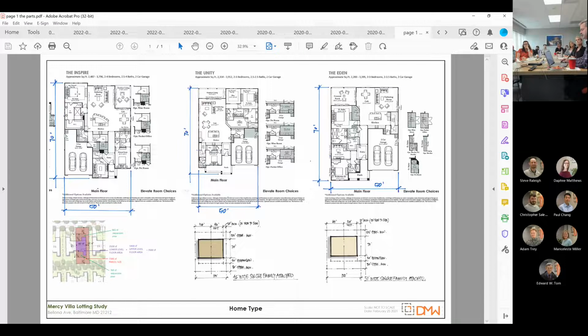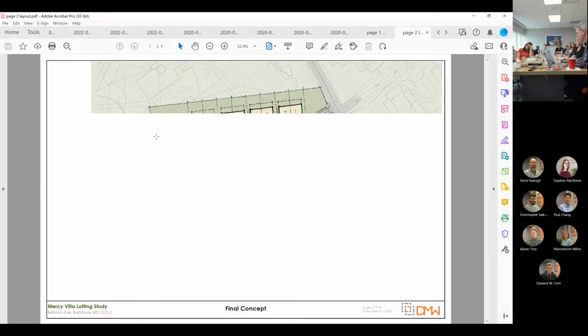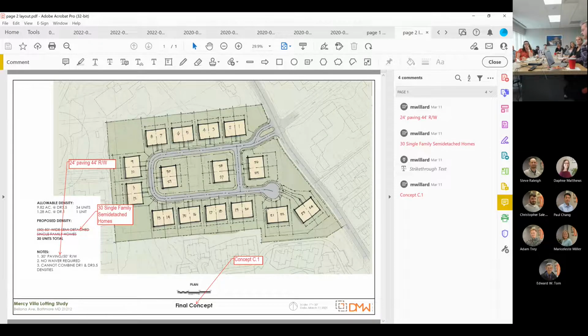So I established the overall footprint dimensions and created these modules down here at the bottom. 60-foot wide singles and 50-foot wide singles. Once we understood what those dimensions were, then we could start the process of laying these out on the plan.